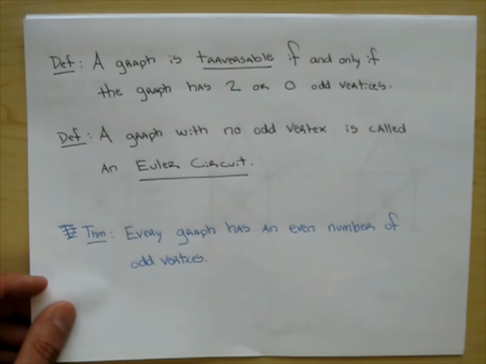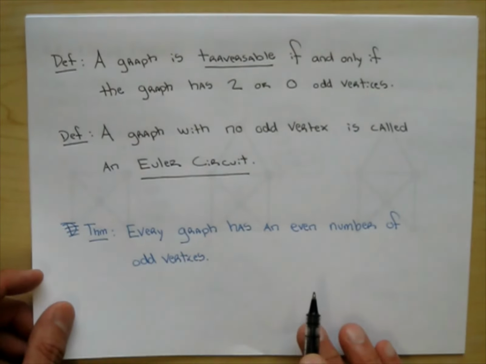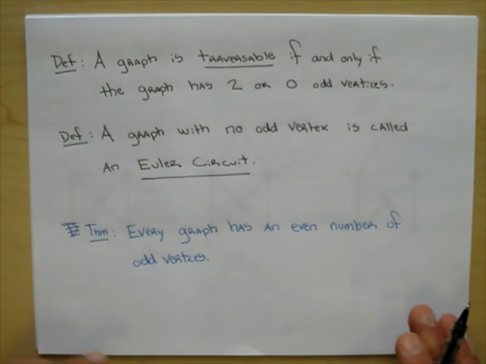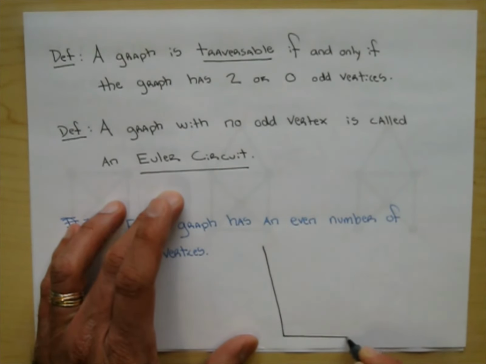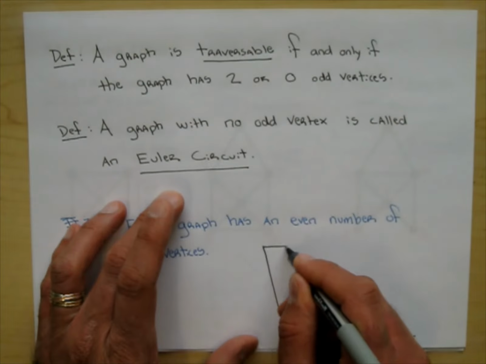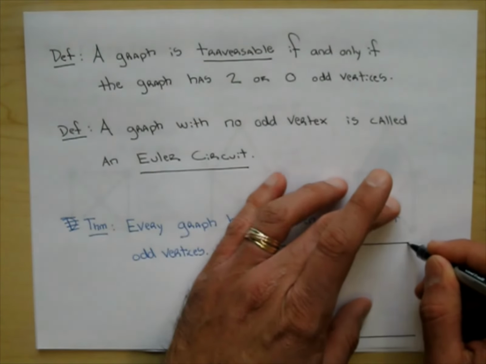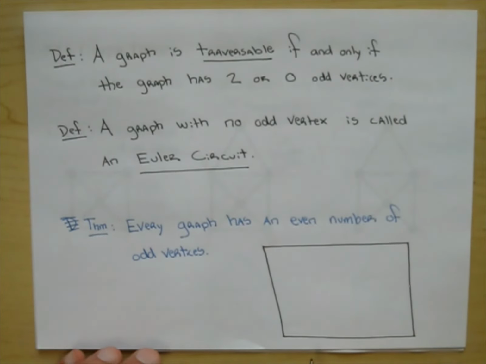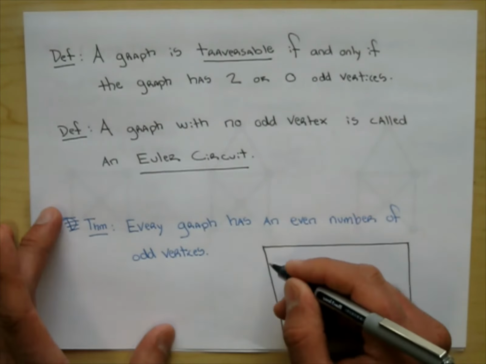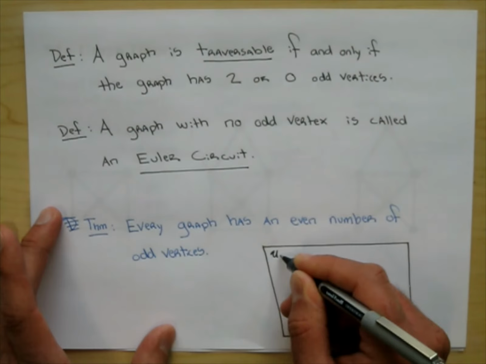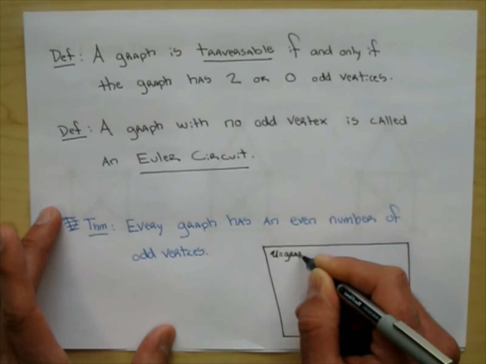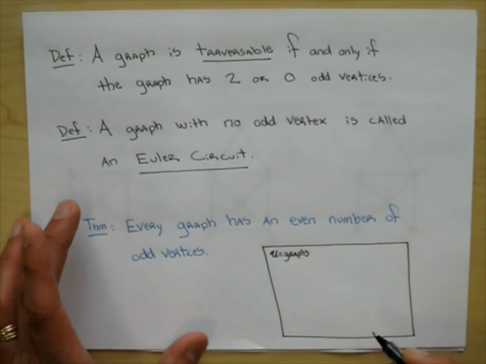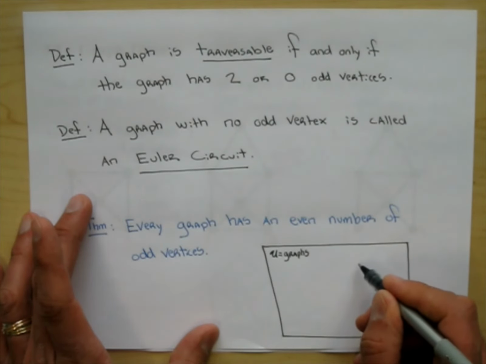The other thing that I want to point out with traversable and Euler circuits is I'm going to make a connection to some of the first topics we were doing. One had to do with Venn diagrams. So I'm going to let my universal set be graphs, and some of those graphs are traversable.